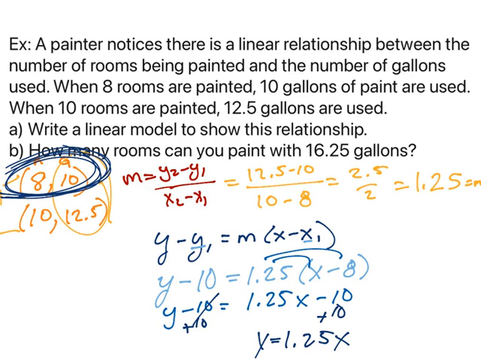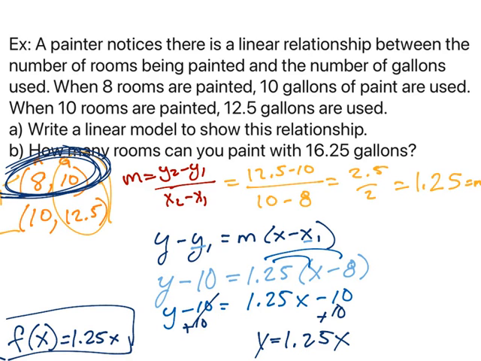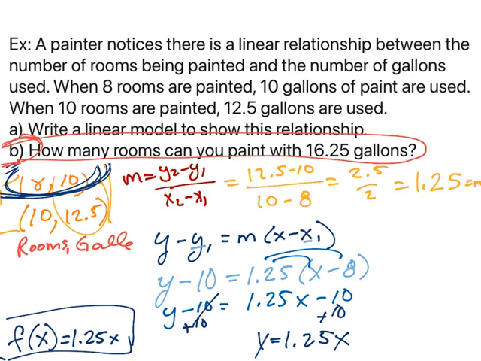So I can write that as a function, f of x equals 1.25x. Okay, so we're going to use that to answer letter B. How many rooms can you paint with 16.25 gallons? Now remember, we had rooms, comma, gallons.